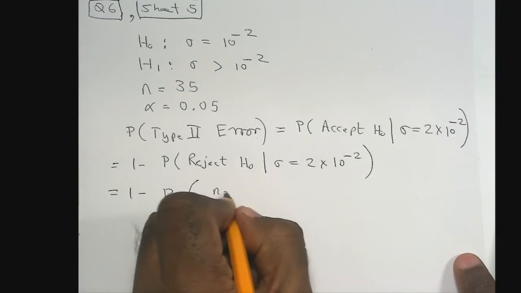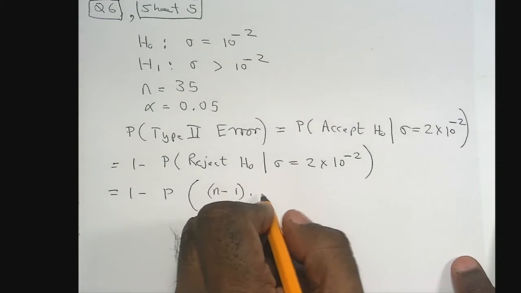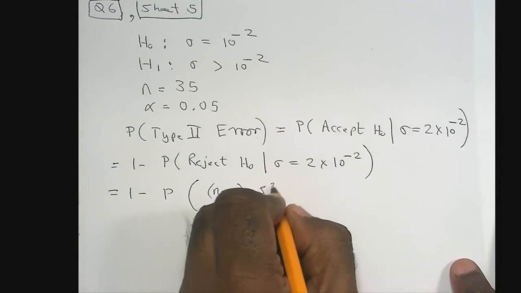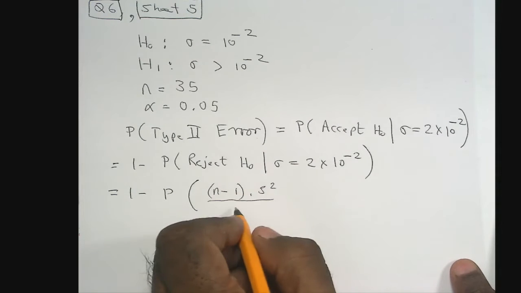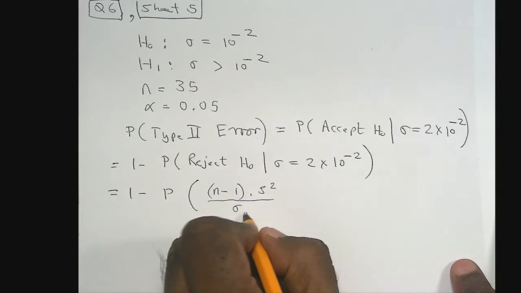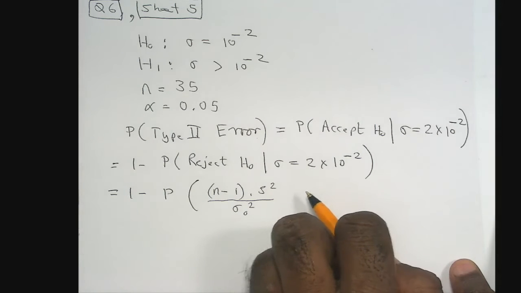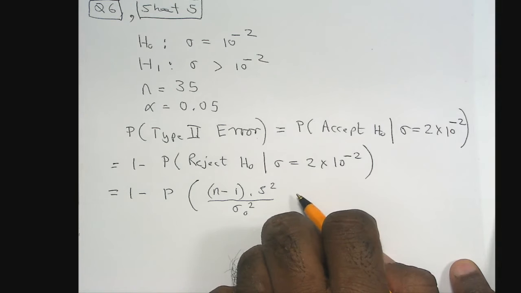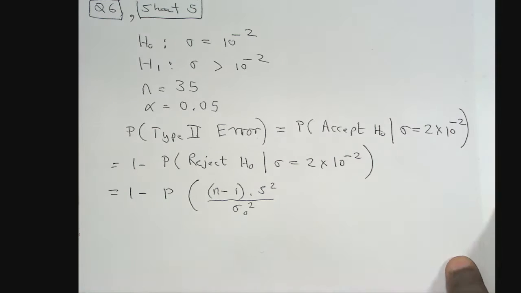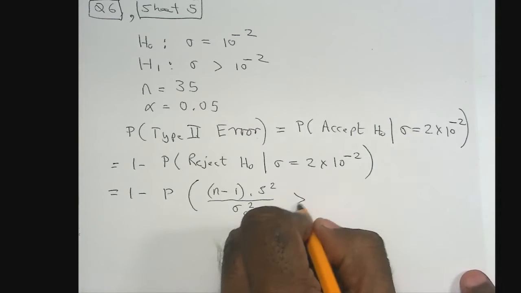Is it n minus 1 times s squared divided by... what's the rest? I can't remember the remaining. Is it less or greater? Can you read it, please? Can someone read it? Greater, is it? Okay, greater. Thank you.